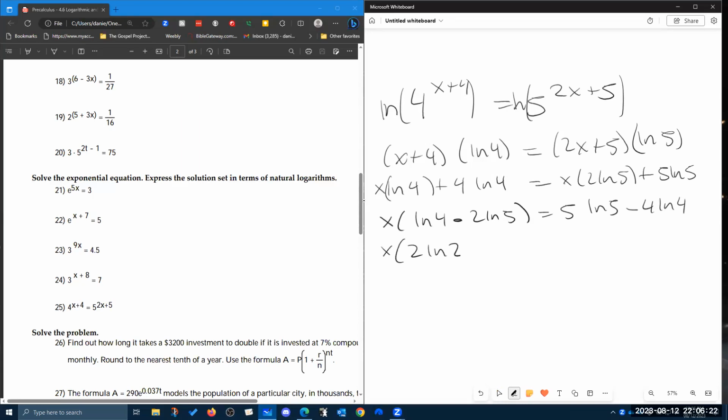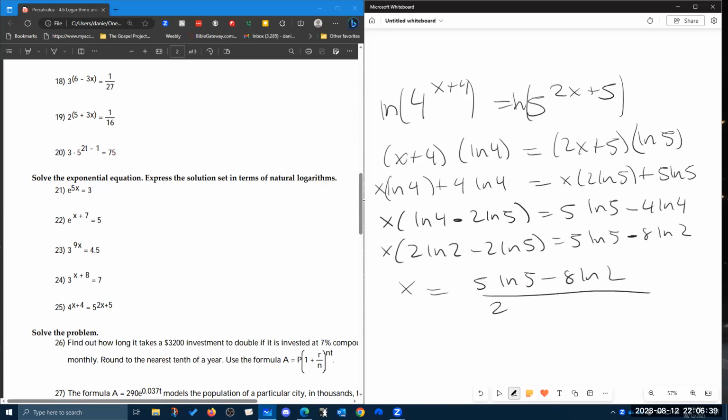So 2 ln 2 minus 2 ln 5 equals 5 ln 5 minus 8 ln 2. x is going to be equal to 5 ln 5 minus 8 ln 2 over 2 ln 2 minus 2 ln 5. If these had all had coefficients that were divisible by 2, I would factor the 2 out of the top and the 2 out of the bottom and cancel it. But 5 is not divisible by 2, so I'm going to leave that alone.